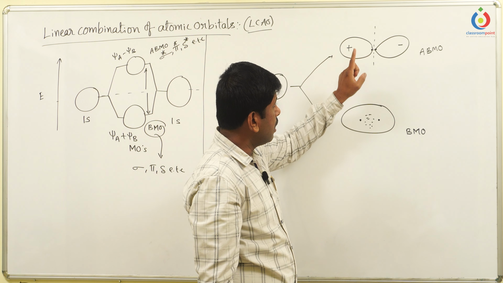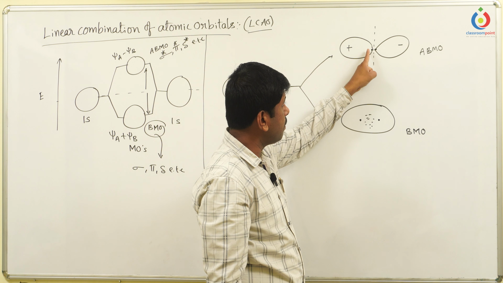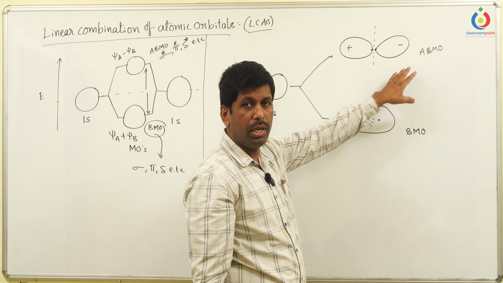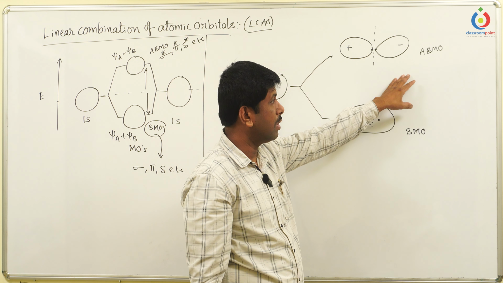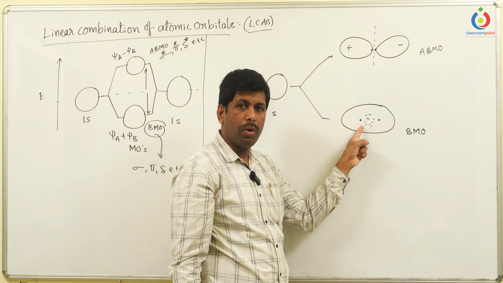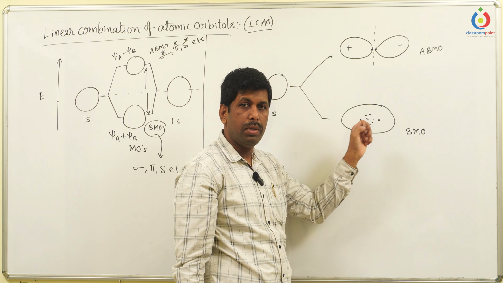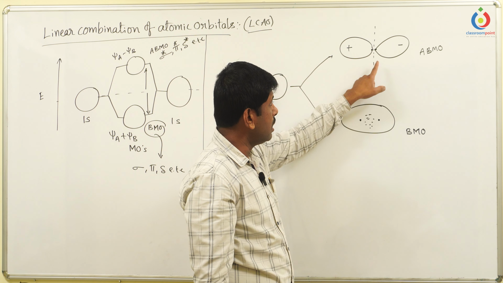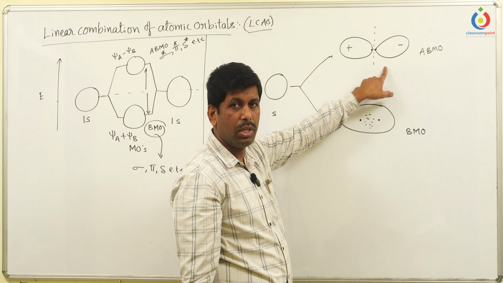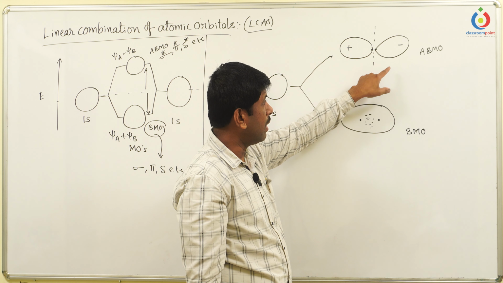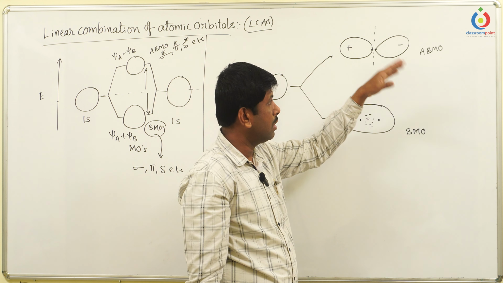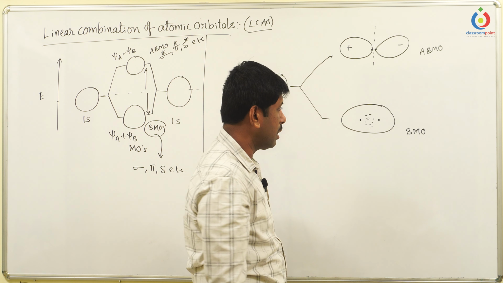As a result, there is nothing to reduce the repulsion between the nuclei, which gives instability to the anti-bonding molecular orbitals. So that clearly says that the presence of electrons in a bonding molecular orbital gives stability to the molecule. The presence of electrons in an anti-bonding molecular orbital gives instability to the molecule. The reason is, in an anti-bonding molecular orbital, electrons still try to go away from the nucleus, so they give instability to the molecule.